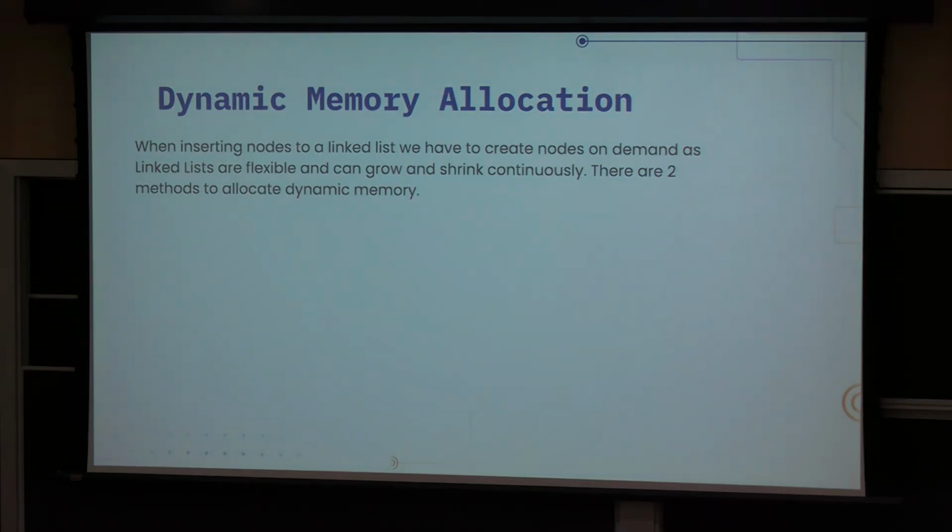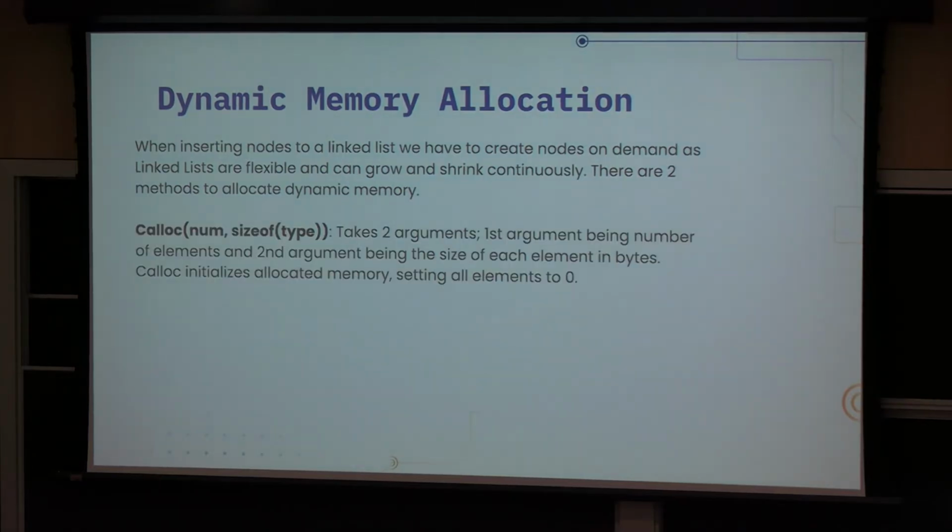There are two methods used to allocate dynamic memory. The first one is calloc. Calloc takes two arguments. The first argument is the number of elements that we want to allocate, and the second argument is the size of the element that we are allocating in bytes. Also, when using calloc, we initialize the allocated boxes by setting all elements to 0.